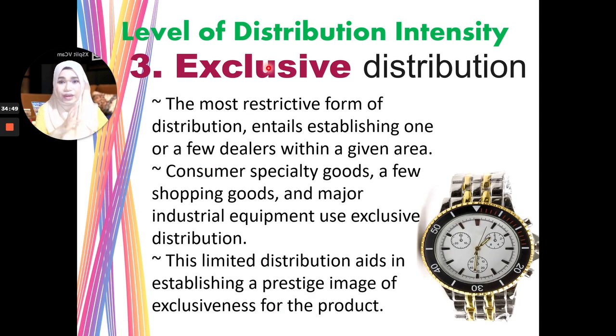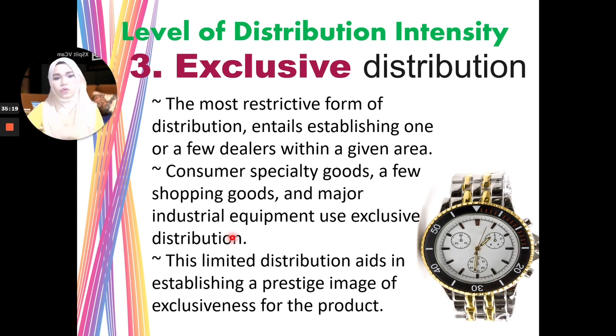Now, when we talk about exclusive distribution, this is the most restrictive form of distribution, where it entails establishing one or a few dealers within a given area. Consumer specialty goods, a few shopping goods, and major industrial equipment typically use exclusive distribution. The limited distribution will aid in establishing a prestige image of exclusiveness for the product.